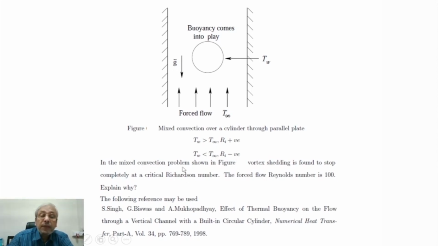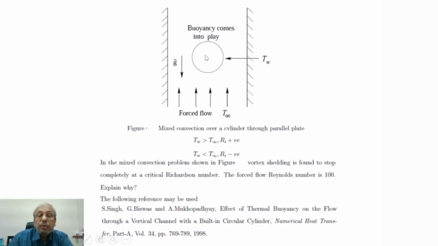In the mixed convection problem shown in this figure, because this is forced flow, usually there will be vortex shedding, and if the Reynolds number is in the range of 100, vortex shedding is expected. But vortex shedding is found to stop completely at a critical Richardson number.